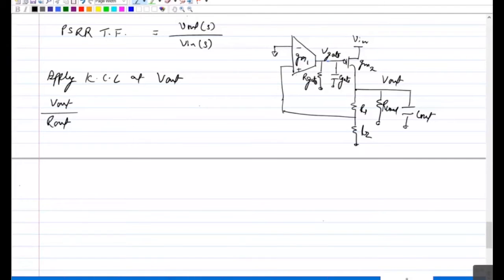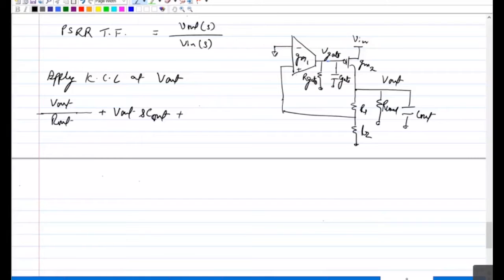And you have an RC, so what will be that, if I write it in a single term? Let me write it separately: S C out. But you could have written V out over R out multiplied by 1 plus S R out C out, which is nothing but your omega P out. Ultimately it will come to that when we simplify.